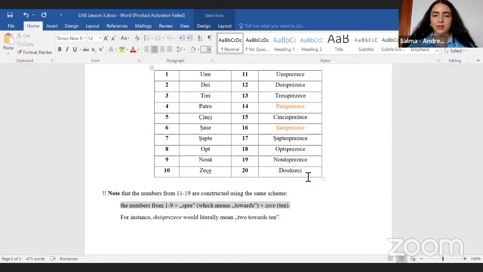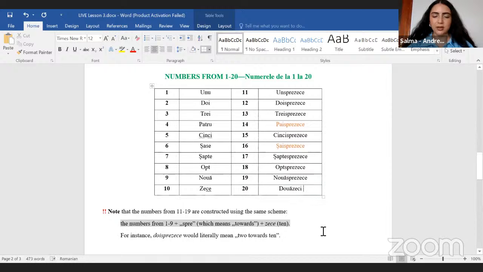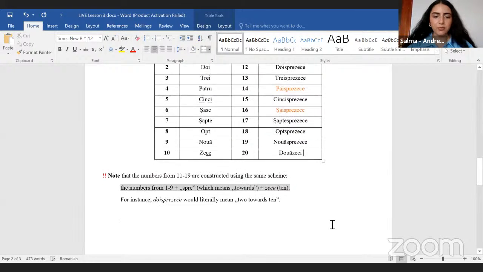And by logical deduction, 30 would be 3/10, 40, 4/10, and so on. But we will talk about this once we get to that part. This was just a preview of the other numbers, just to let you know that they're actually quite logical and easy to learn once you get the hang of it.